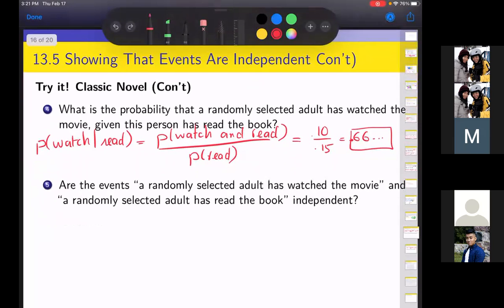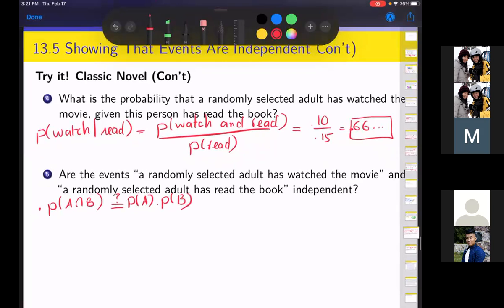The first rule, use red. P of A and B is indeed equal to P of A times P of B. So what is P of A and B equal? 0.10, right? P of A and B is 0.10, P of both. Let me write it in terms of the context.